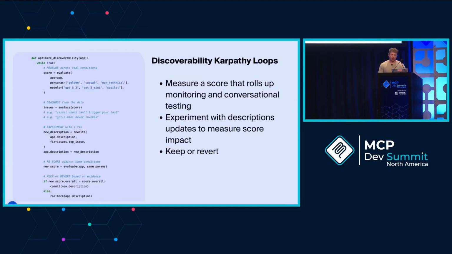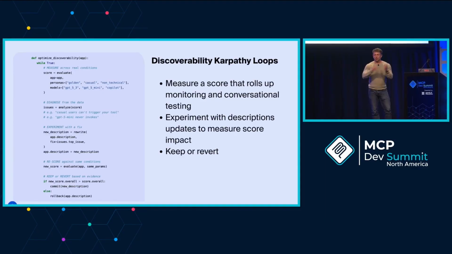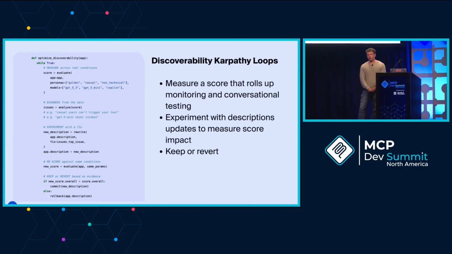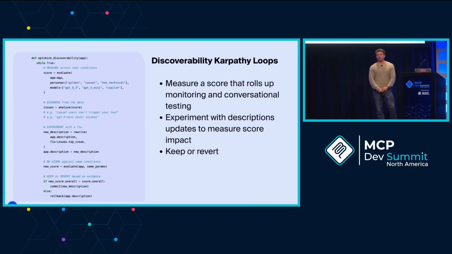At Ghosteen, we're working with Parthy loops, actually, to try to roll up the LLM live monitoring, the conversational testing, and iterating on the tool metadata to see if we word it this way or if we add a word here. Is that something that is improving that score, so we either revert or keep, so that we can continuously monitor and cycle and get into that continuous optimization flow?